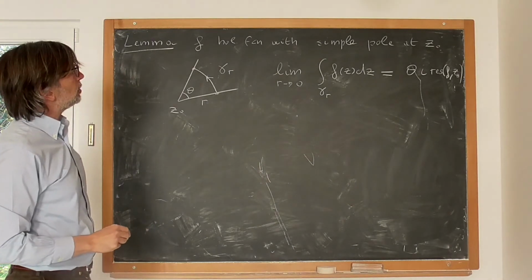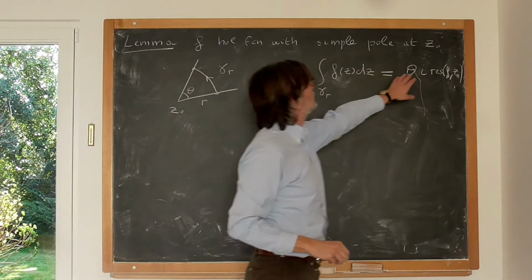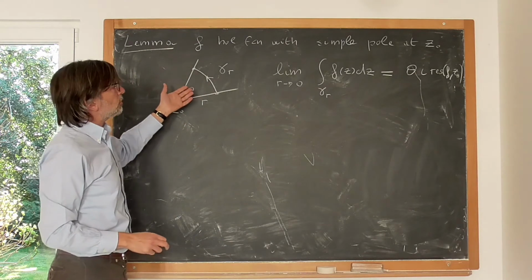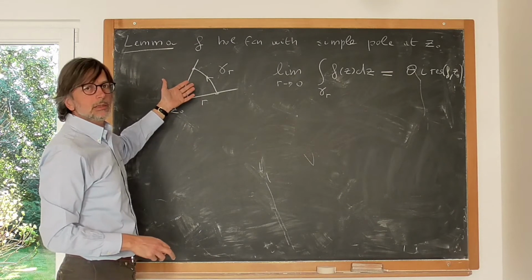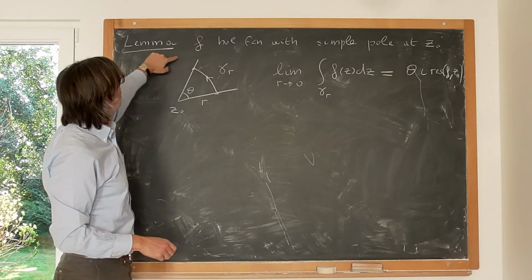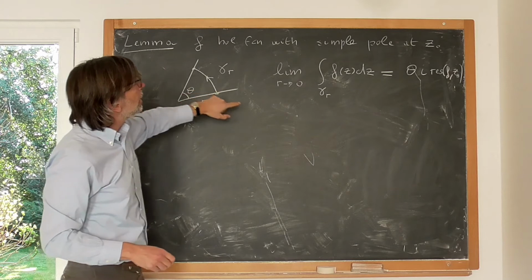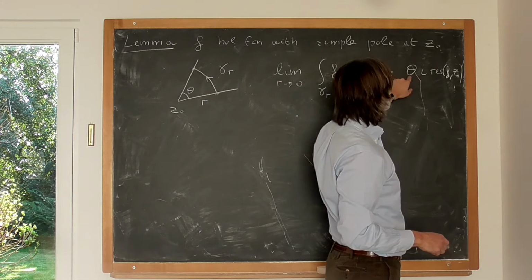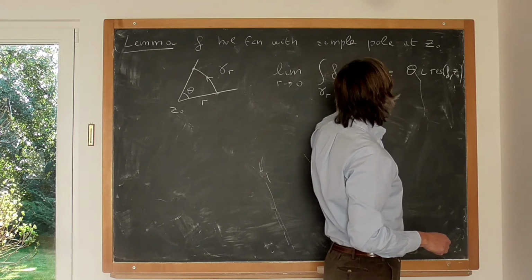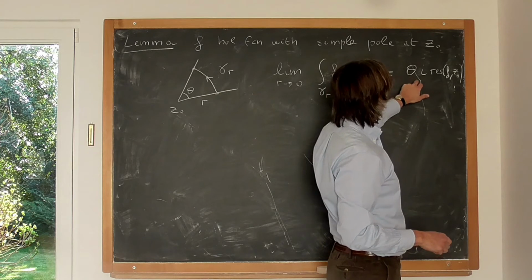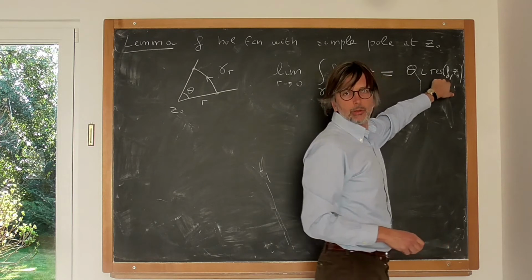Okay? This is the value of the limit. Theta i times the residue of f at z0. Notice that this formula generalizes something that we already know. If we integrate over the whole circle, then theta would be 2 pi, and then this integral would converge to 2 pi i times the residue. Okay?